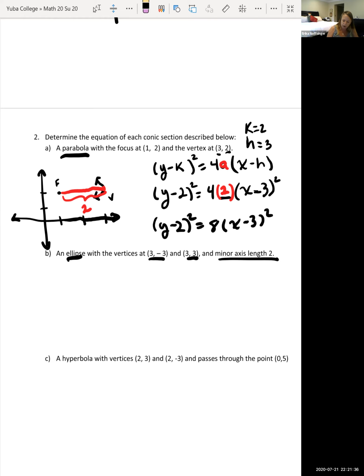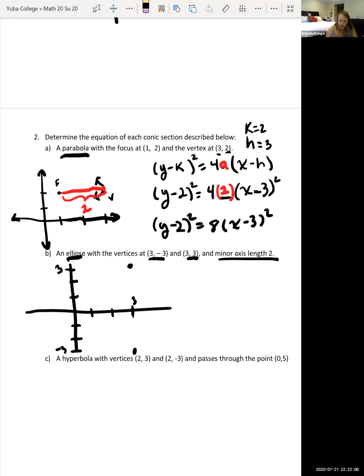Okay, so if I graph this, I have a point at (3, -3) and (3, 3). Okay, and my minor axis length is 2.